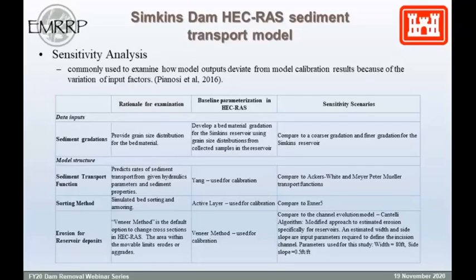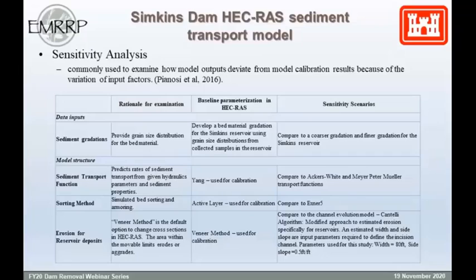For the data inputs, I picked the sediment gradation specifically along the Simkins reservoir, and what I did was I used the gradation I used for calibration. I made that finer, maybe around 20% finer.